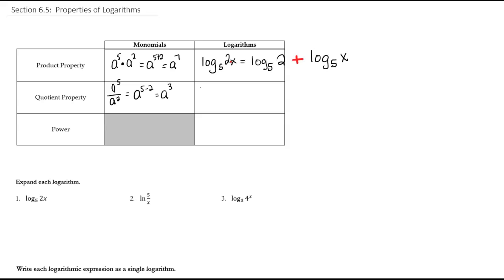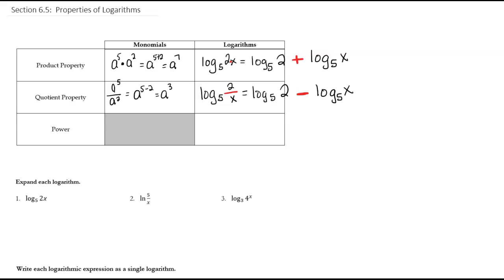So what that looks like here is log base 5 of 2 over x. Since it's a divide, we're going to subtract. So it'll be log base 5 of 2 minus log base 5 of x.